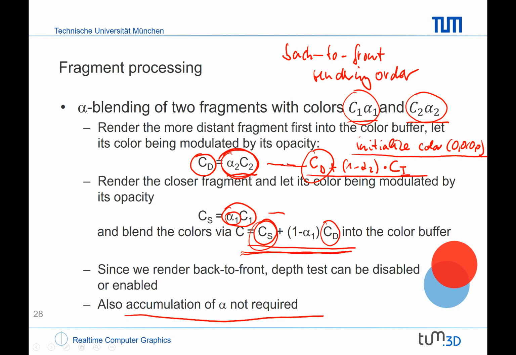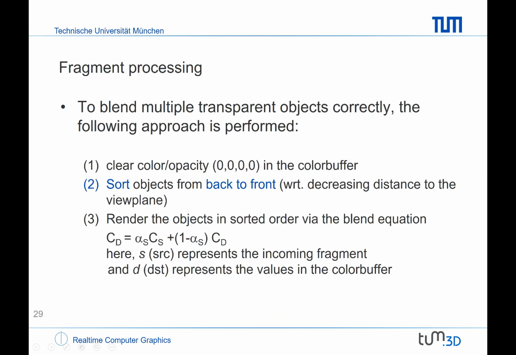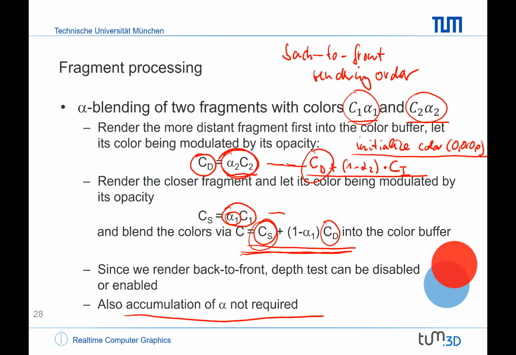The problem with this approach, and you don't come around that problem, is that you need to establish that back to front rendering order. That is something that you are responsible for as a programmer.